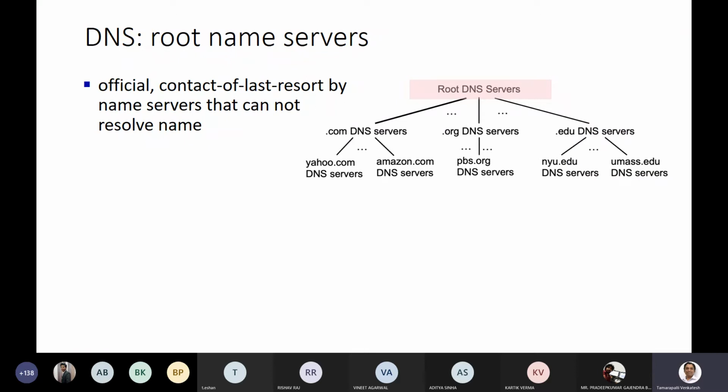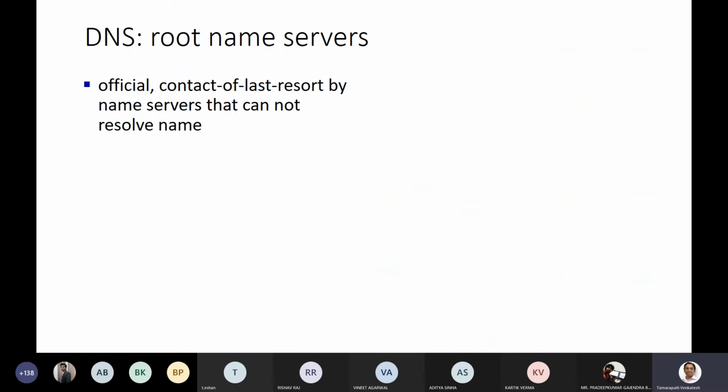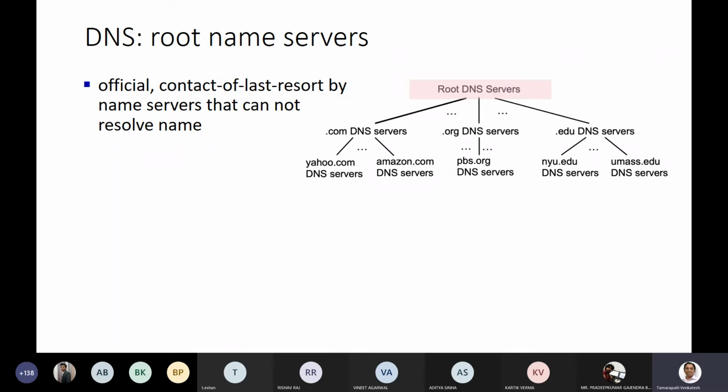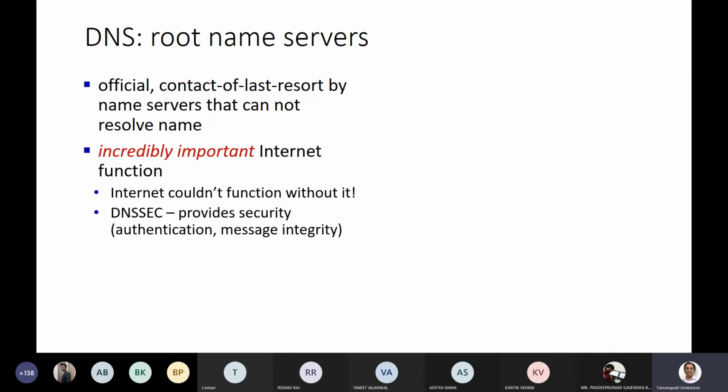So DNS root name servers are officially the contact of last resort for name servers that cannot resolve the name, and then they will point you to different TLD servers and the other secondary level TLD servers. So the root servers are very important for the functioning of the entire DNS system.